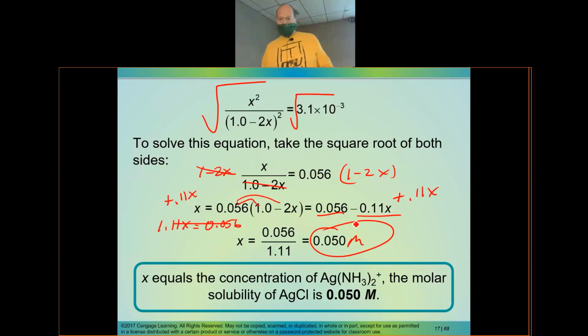All right, so in this case, if you did round it, you would still get the same number, but barely. This is 0.05045, almost rounds up to the 1. I always leave all the numbers and round my number at the end. All right, but 0.050 molar is your molar solubility of AgCl.